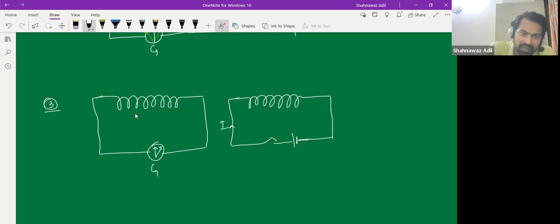Then the magnetic flux through this region will change, so it momentarily will produce an EMF, right? And then when the current becomes constant, which means the magnetic field across this coil has become constant, there are the same number of magnetic field lines passing through this region, which means that the galvanometer will show zero deflection because your flux is not changing, right? Is the third case clear to you guys?